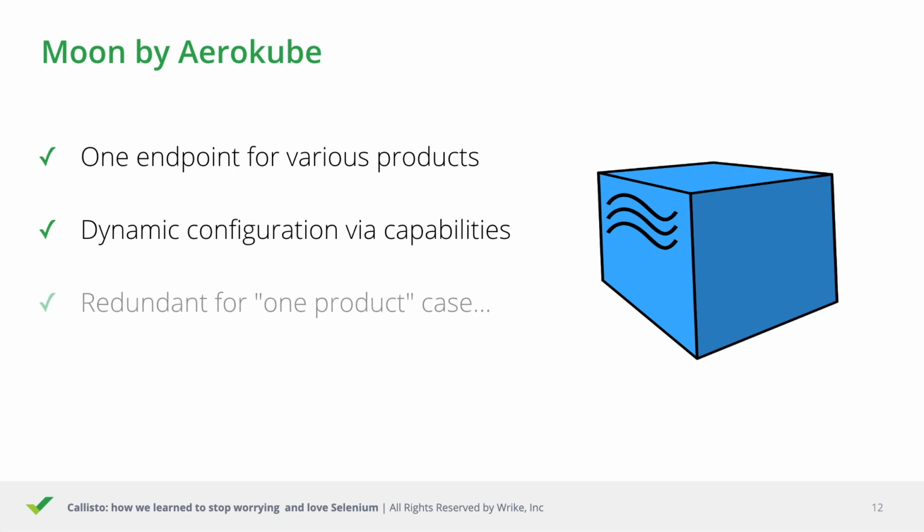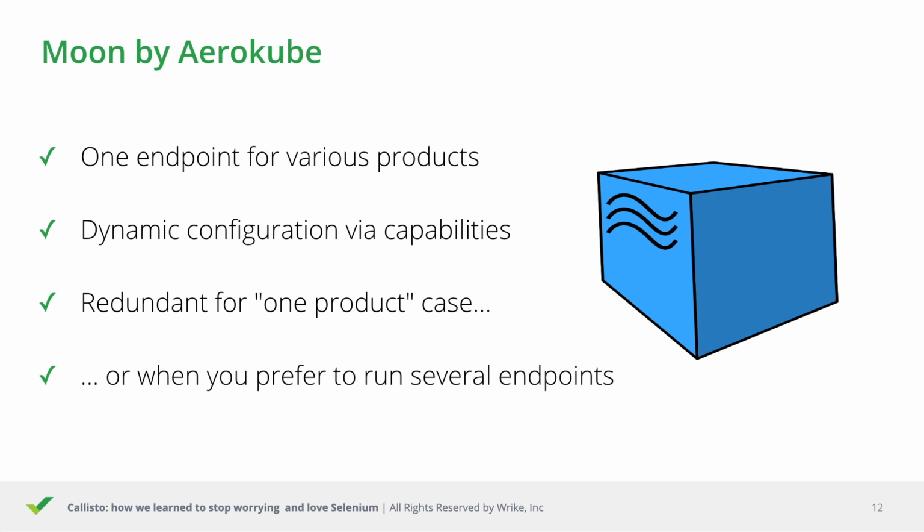But you don't need this approach, these features, if you have only one product, or you prefer to run several pre-configured endpoints with various configurations. And this approach can be redundant for you. So that's exactly our case.